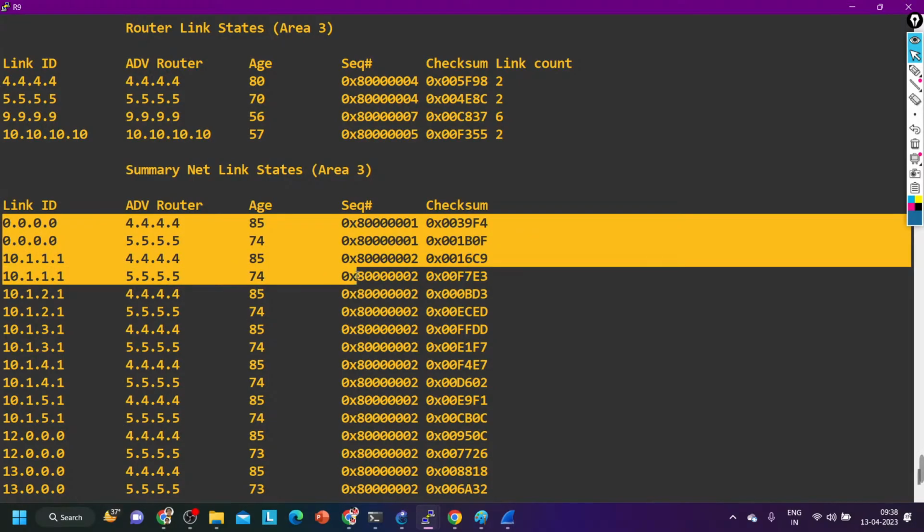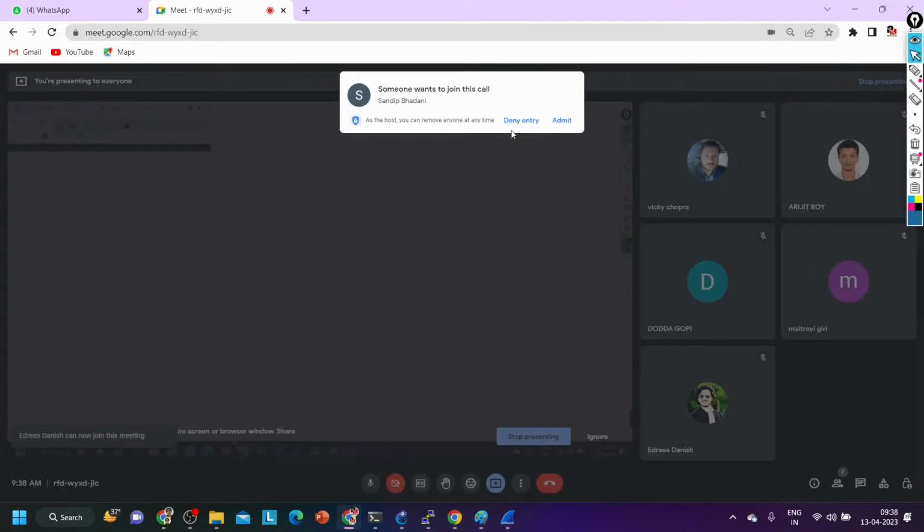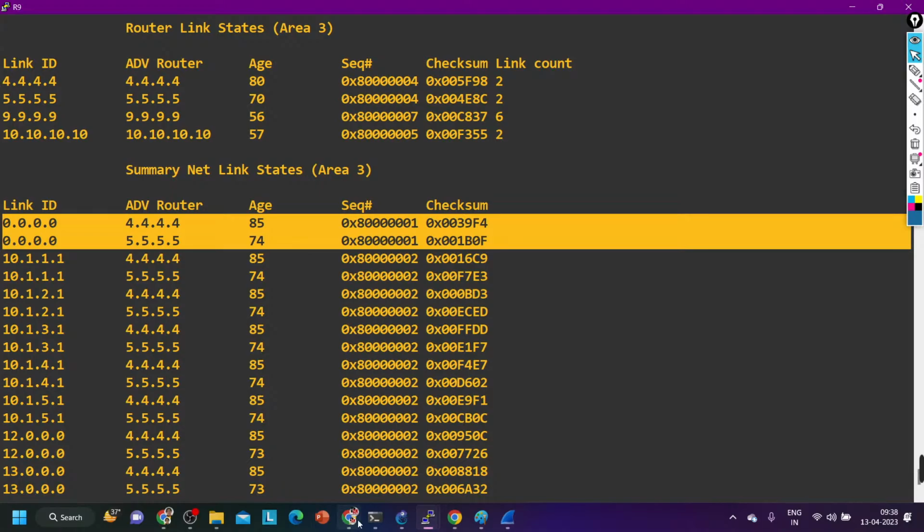See what is happening in a stub area. The ABR router will generate a default route, yes or no, in the form of LSA 3. So always keep in mind, in a stub area there should be one ABR router, and the ABR router will generate what? One default route in the form of LSA 3, not in the form of LSA 5. Yes or no?